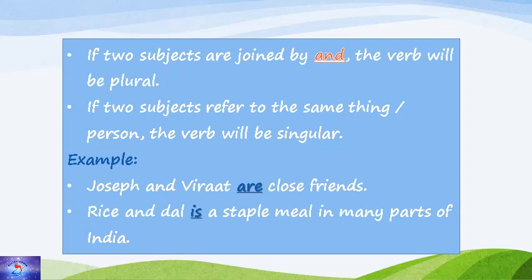These two subjects are joined by and, so we are using the plural form of the verb, are. In the next sentence, rice and dal is a staple meal in many parts of India. The two subjects refer to the same thing, so the verb used here is in singular form.